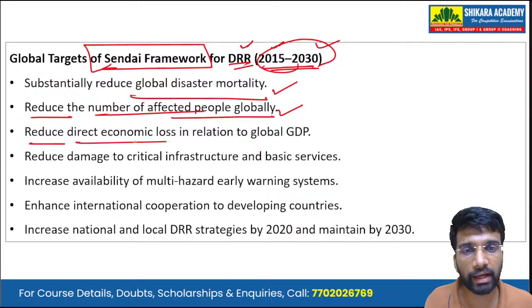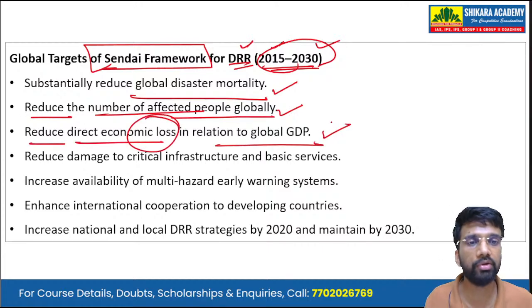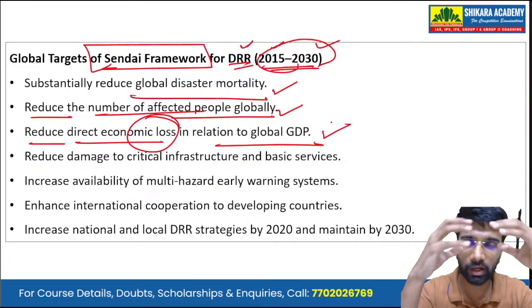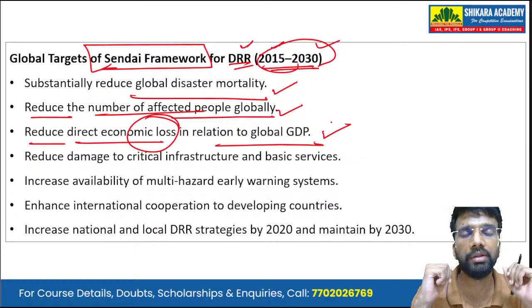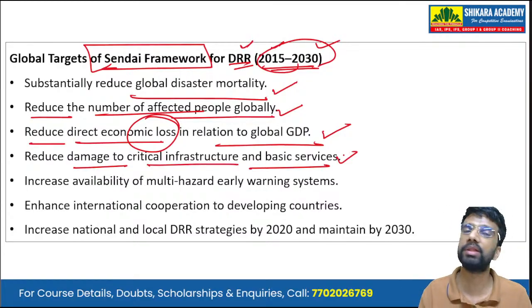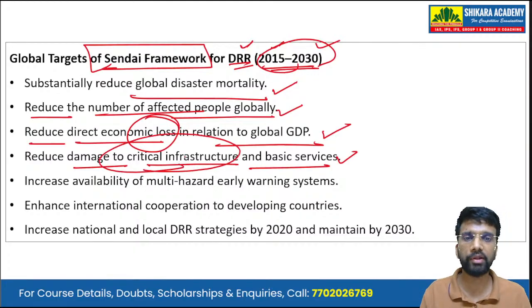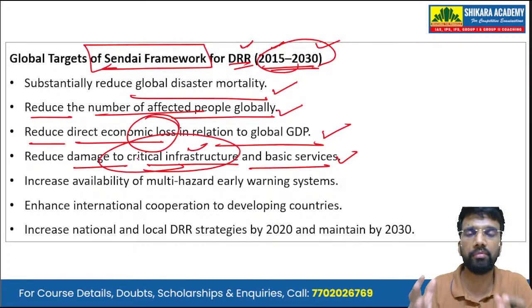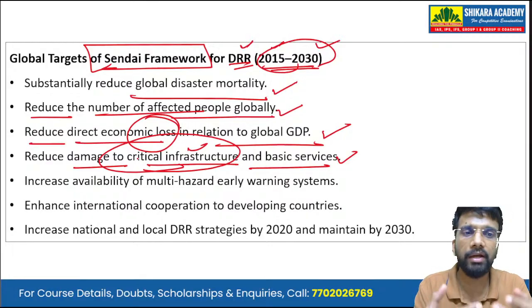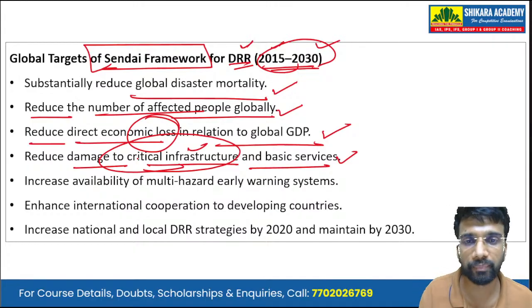Then reduce direct economic loss in relation to the global GDP. After reducing the loss of lives, there should be a reduction in the economic loss. Then reduce damage to critical infrastructure and basic services. Okay, critical infrastructure should be ensured that it is not damaged that much, and the damage to basic services should also be contained.